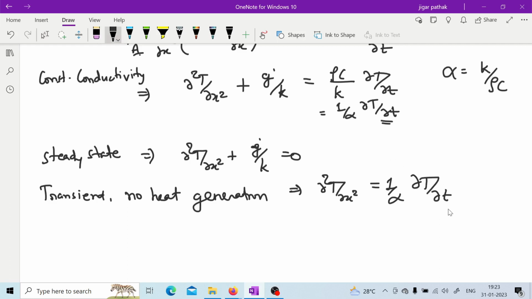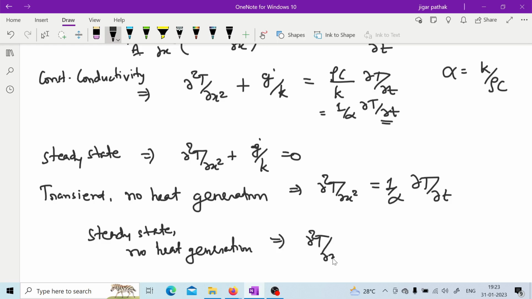Here the first T is temperature, and this t is time. And if we combine these, that is steady state plus no heat generation, then it can be written as del square T upon del x square is equal to 0, or d square T upon dx square is equal to 0. This is how you can have your relation in case of this plane wall.